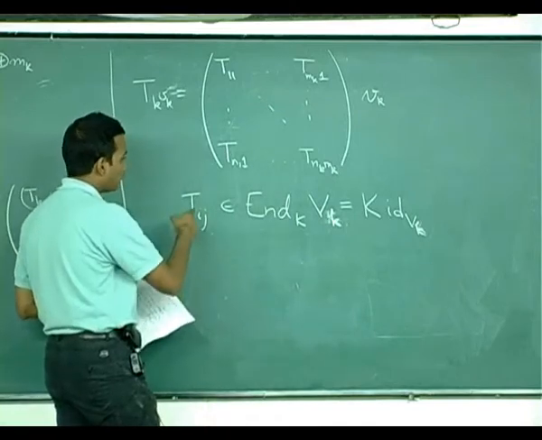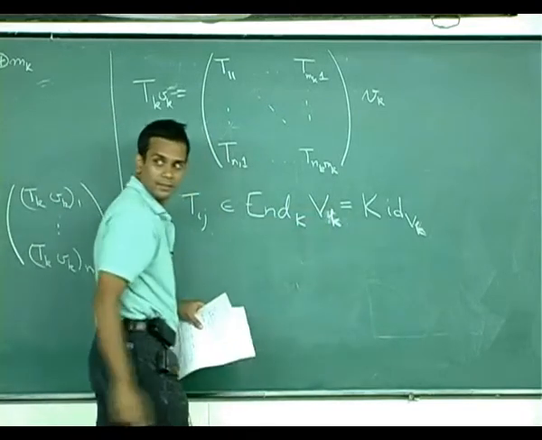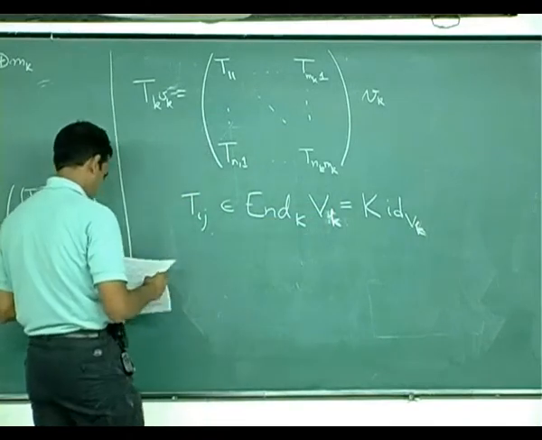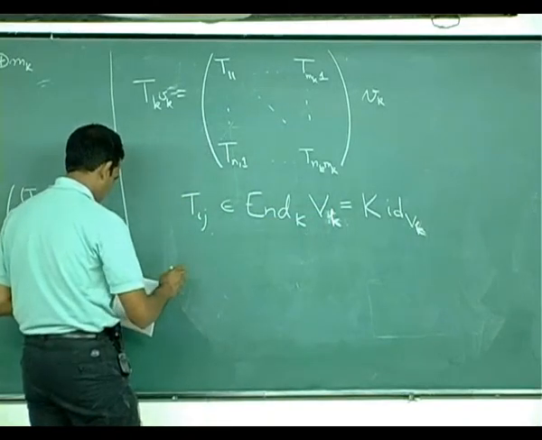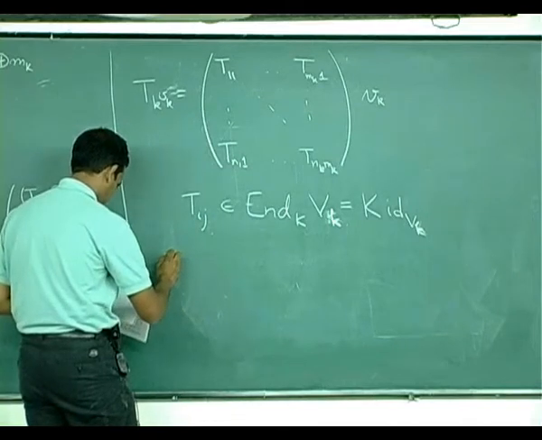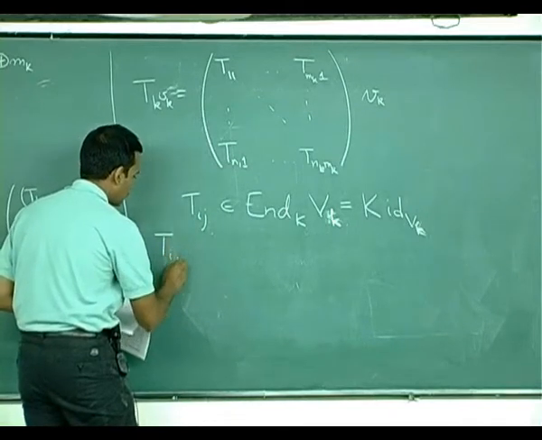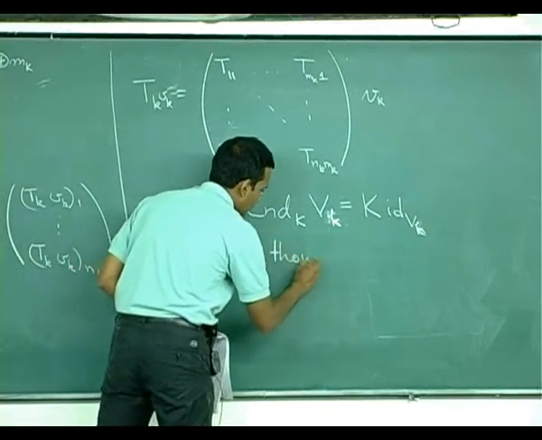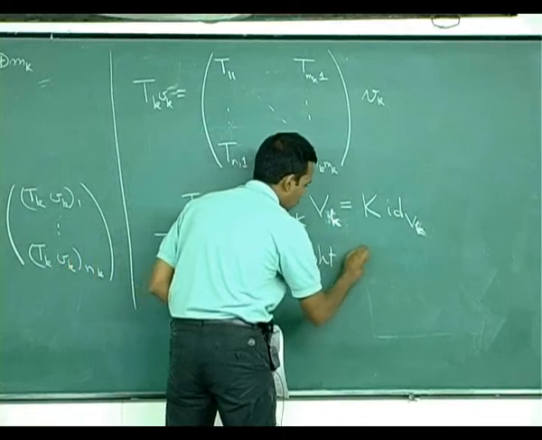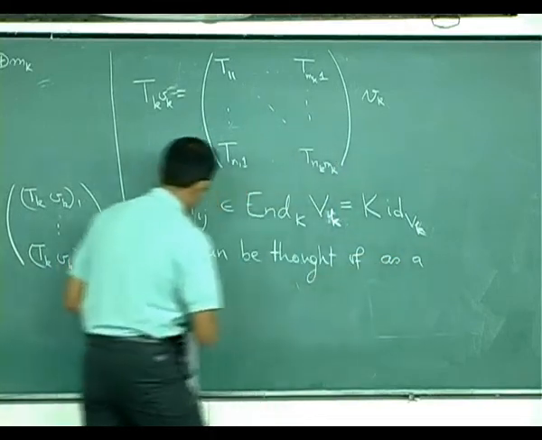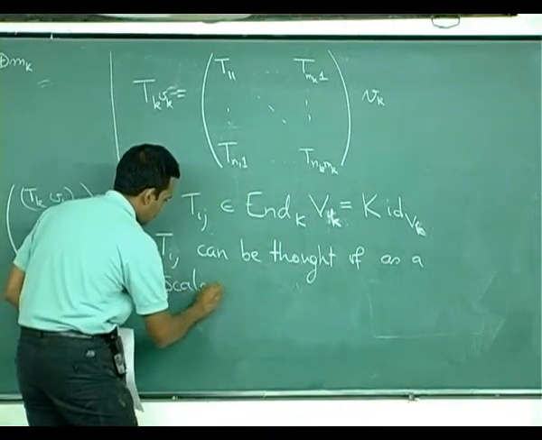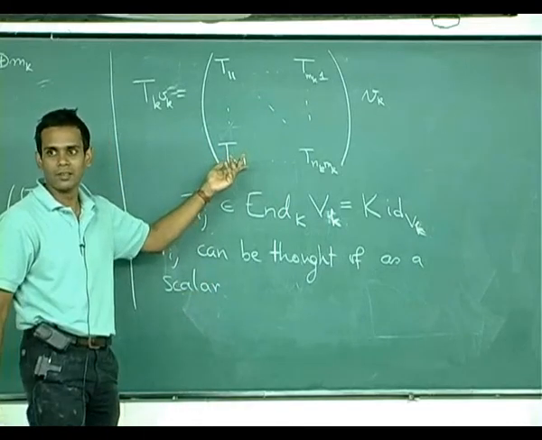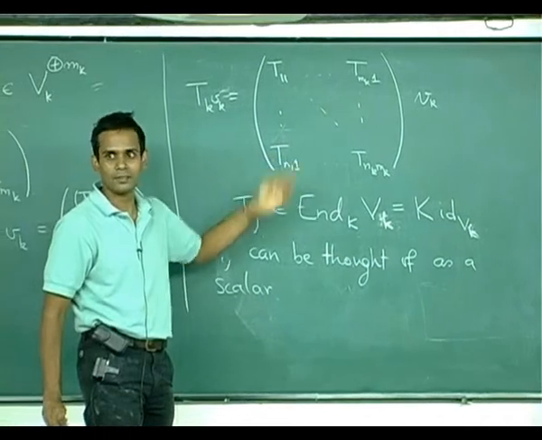So we can think of Tij as just this scalar, right? So what we have is that each Tij can be thought of as a scalar, and so this is basically just an nk by mk matrix with entries in k, right?